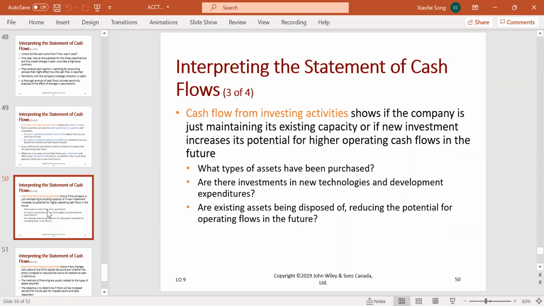If companies stop investing altogether, then they're not keeping up maintenance, not upgrading, not taking care of their infrastructure. So you can assess that by comparing the investment with depreciation to assess if the company is keeping up. You need to upgrade, replace, and all that.